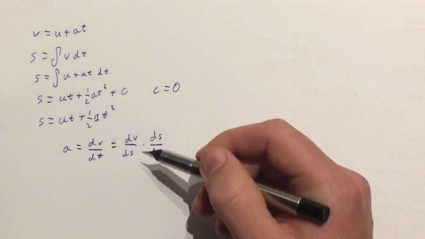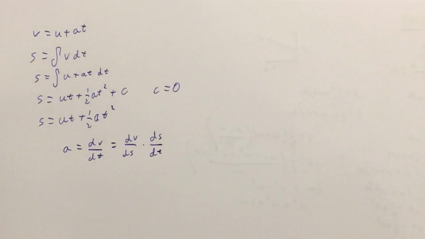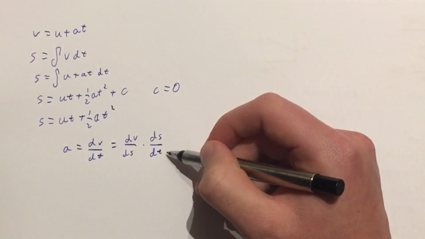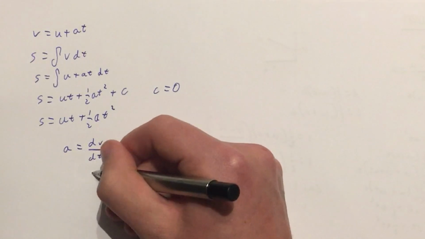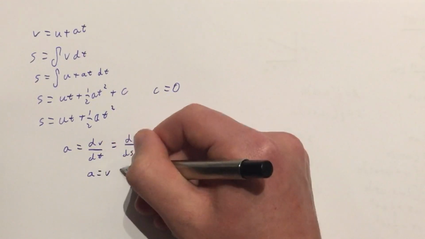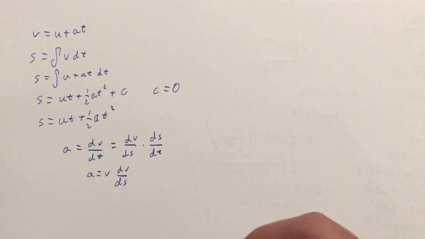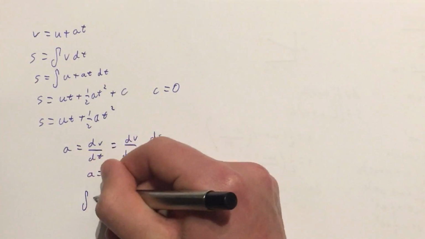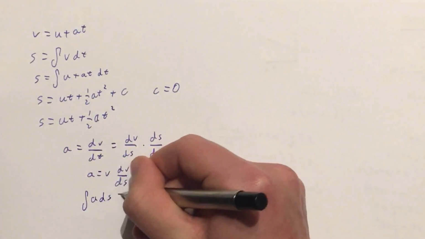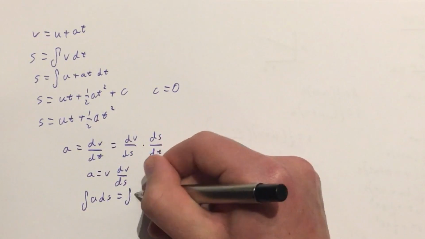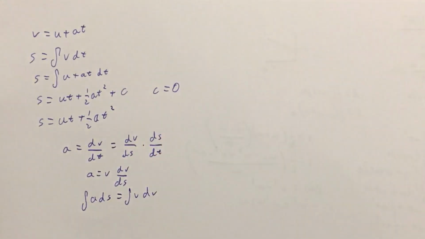And you can see that it's the same sort of thing, that the ds's cancel. We also know that ds by dt is equal to v, so we simply have a equals v dv by ds. If we separate and integrate, we get the integral of a with respect to s is equal to the integral of v with respect to v.